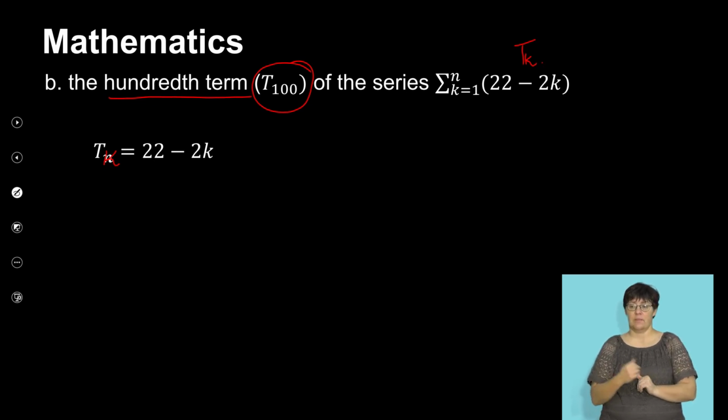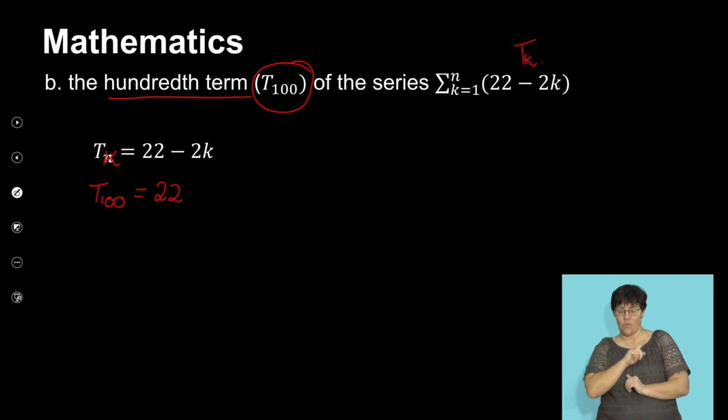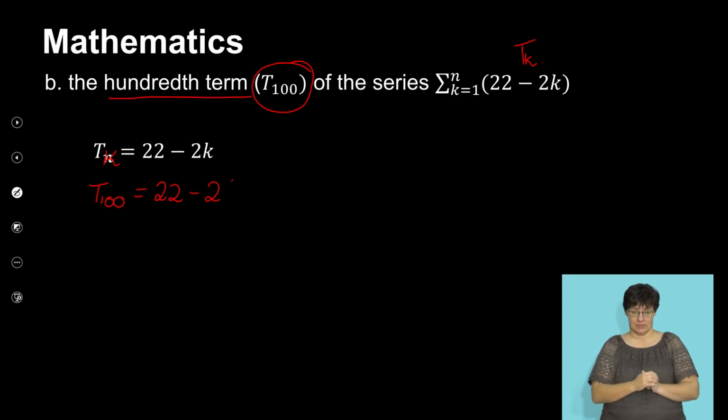I am going to find the 100th term. So the 100th term means that I need to substitute in 100 for k. So I'm going to have 22 minus 2 times 100. Substituting in k is equal to 100 will allow me to find the value of the 100th term.